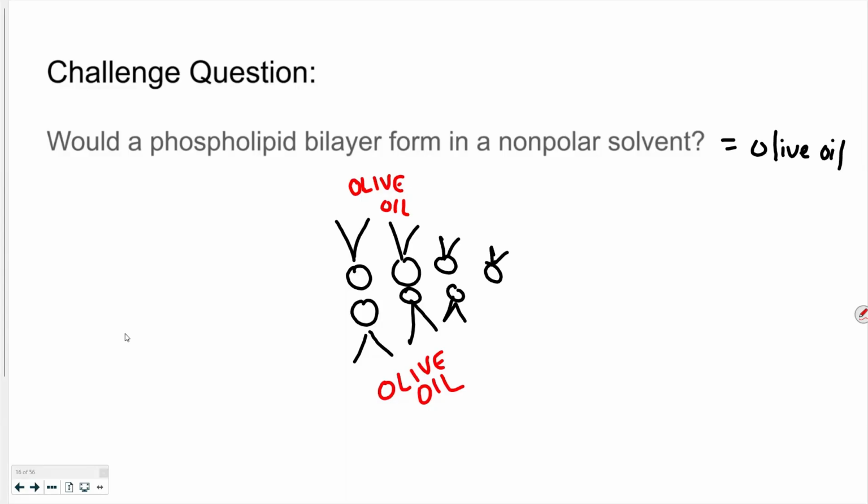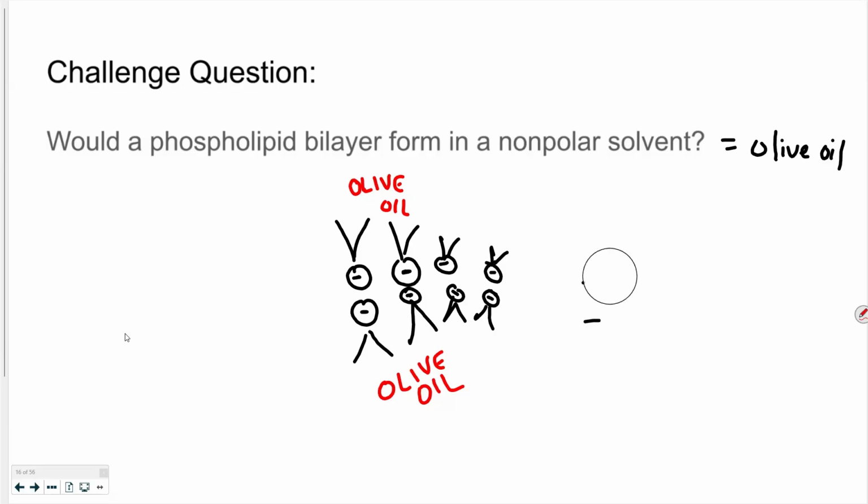So if you thought about that, give yourself a cool kid point because that's a very good idea. But we also remember that our phosphate groups are all negatively charged. So if you've ever played with magnets, you know that when you try to put the negative pole and the negative pole of a magnet together, they're going to repel each other.